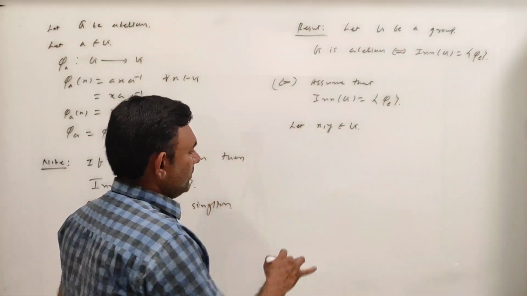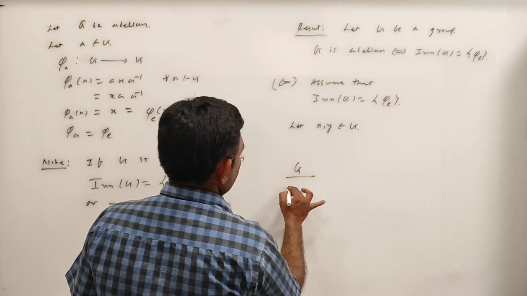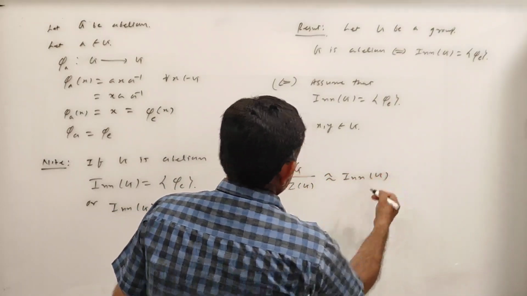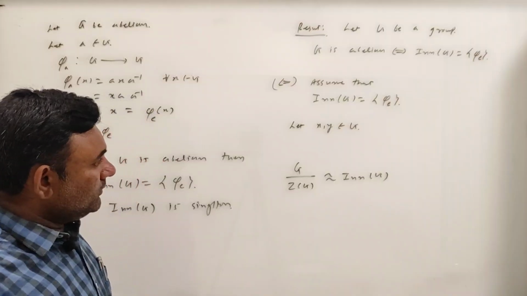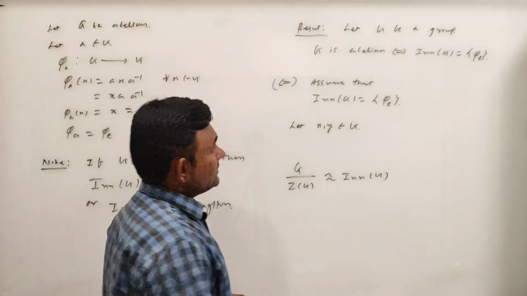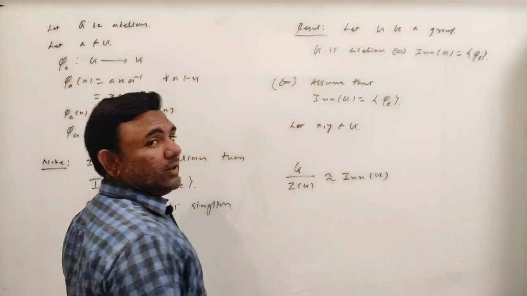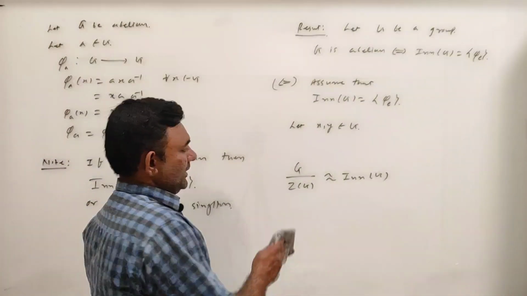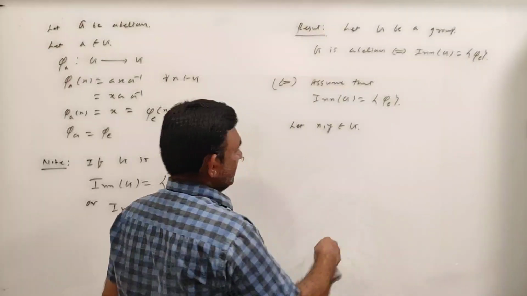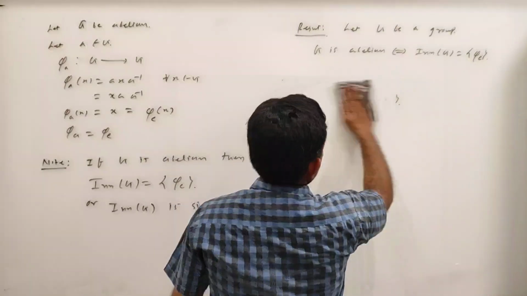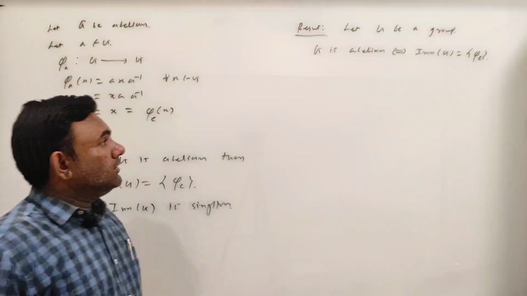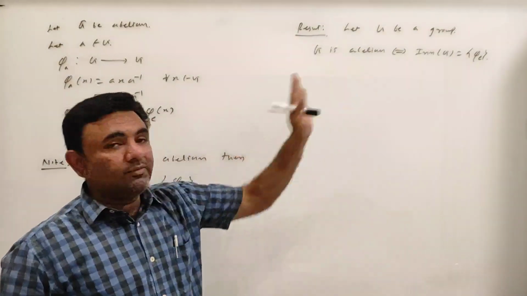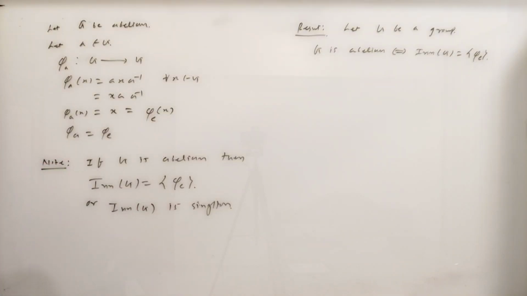We will prove it later, because we have the result that G modulo the center of G is isomorphic to Inn(G). With the help of this result it will be easy to prove. So forget about this for now, but the result is true. We can prove it this way too, but for that we need a little construction, which is very simple. So just keep in mind that G is abelian if and only if Inn(G) is the singleton {phi_e}.